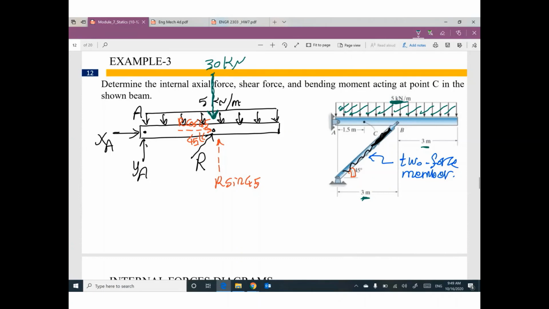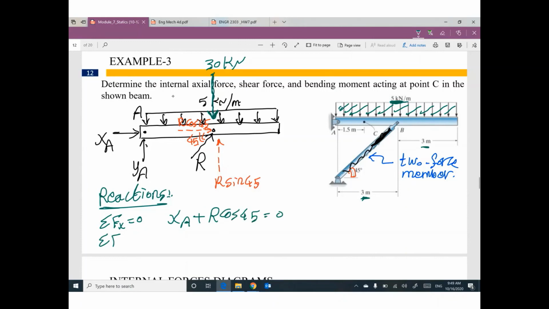Go ahead and figure out the reactions. Summation Fx equals 0, so XA plus R cosine 45 equals 0. Summation Fy equals 0, so YA plus R sine 45 minus 30 equals 0.